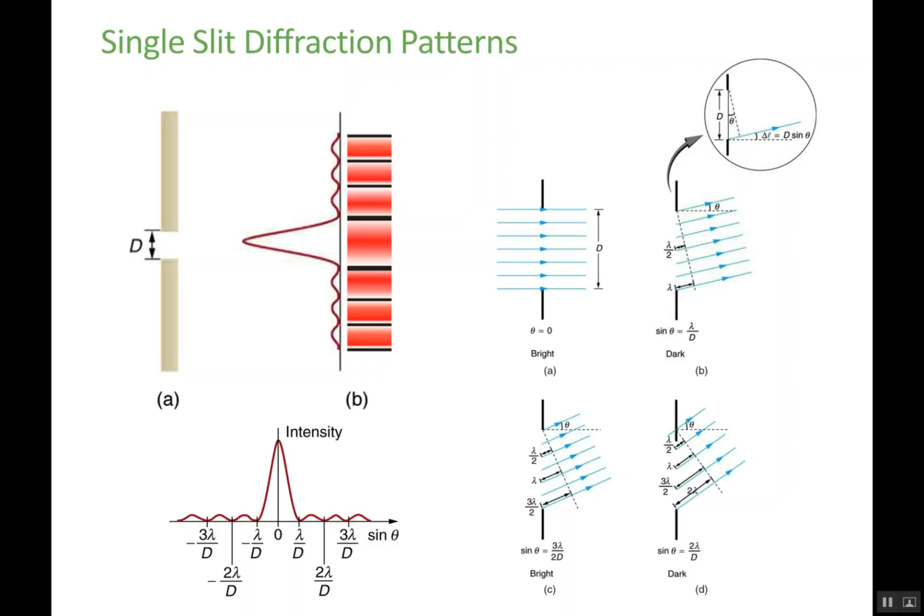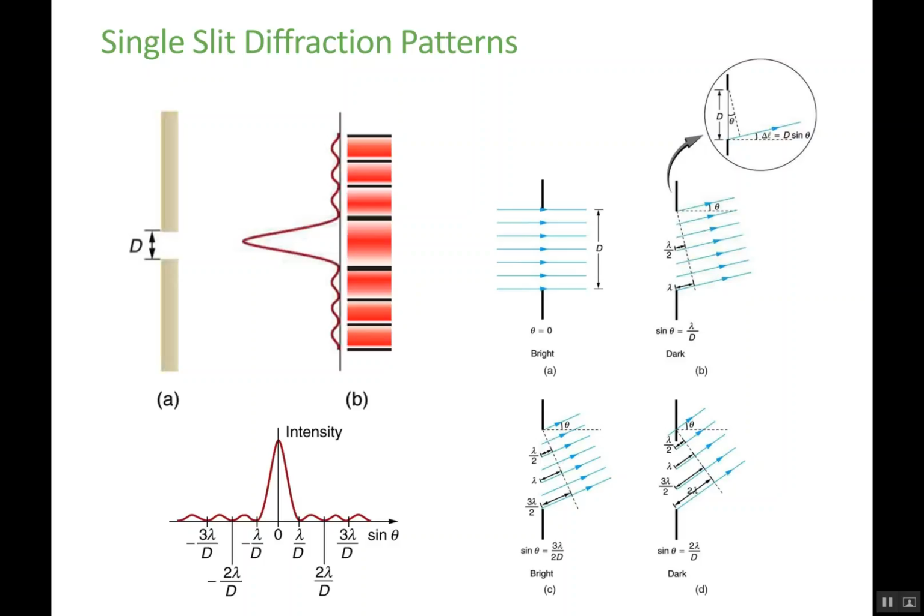So the two-slit and many-slit interference patterns that we just talked about can give rise to interference patterns on screens. It turns out that even if you have a single slit, a single aperture in a screen, you can still have interference patterns that are created on a downfield screen.